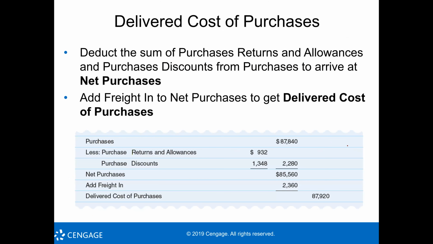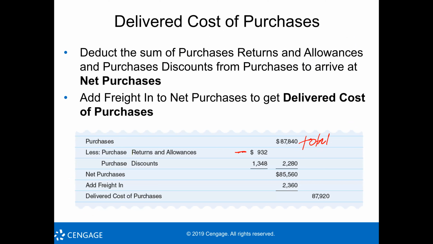Delivered cost of purchases, it says here, deduct the sum of purchase returns and allowances and purchase discounts from purchases to arrive at net purchases. Add freight into net purchases to get delivered cost of purchases. So we see that here. This would be our total purchases.